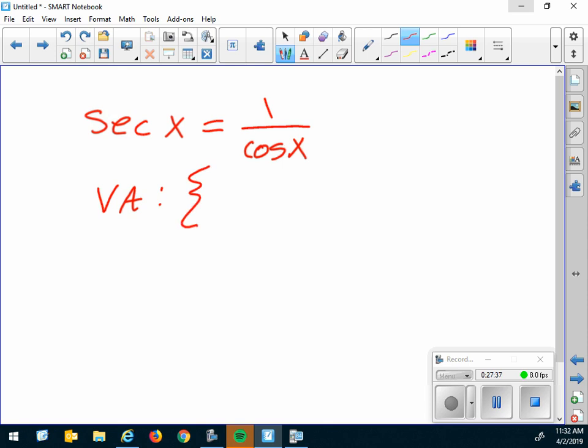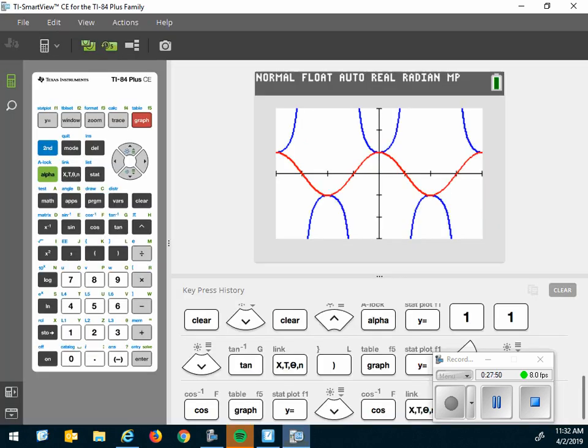All x such that x is not equal to... Where is cosine 0? Where is cosine equal to 0? Pi over 2 plus how often? Yep.